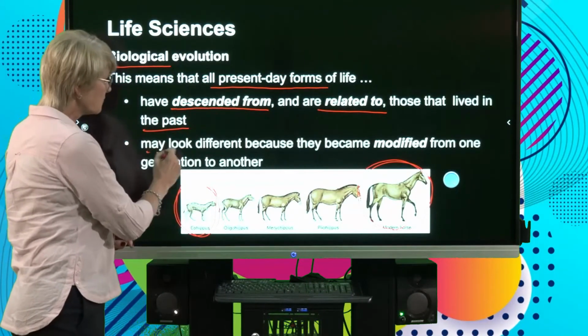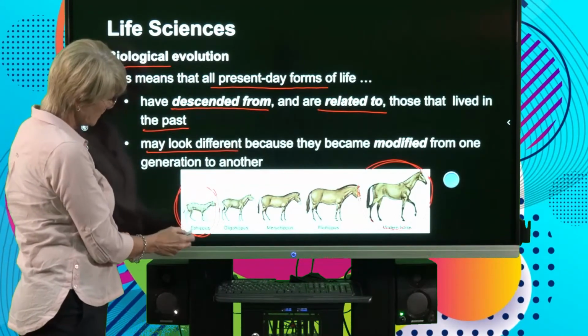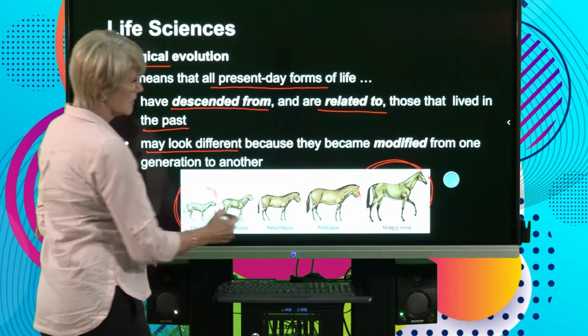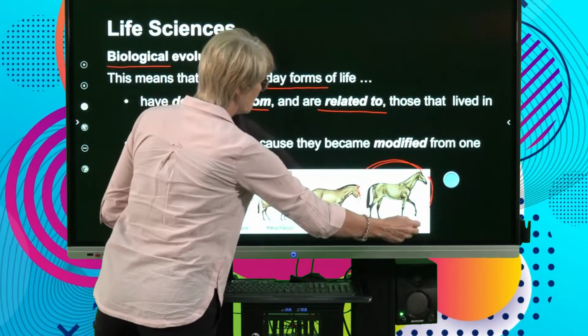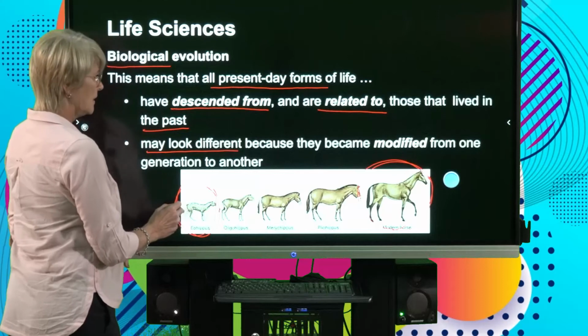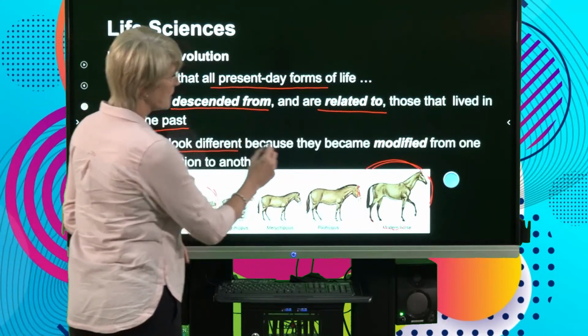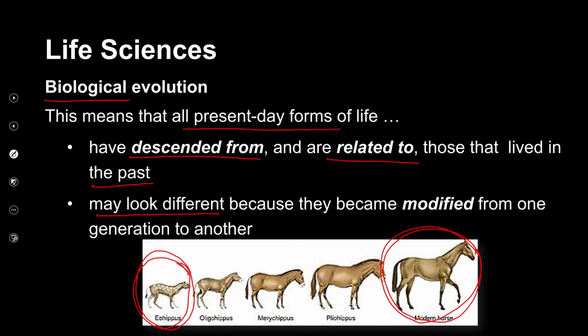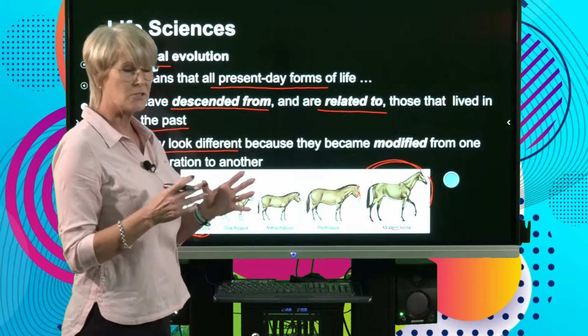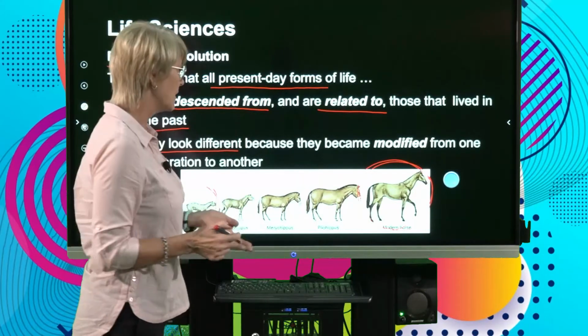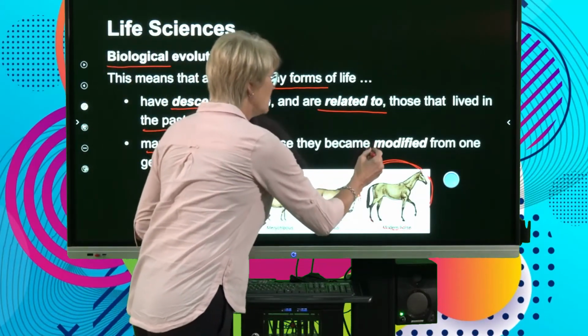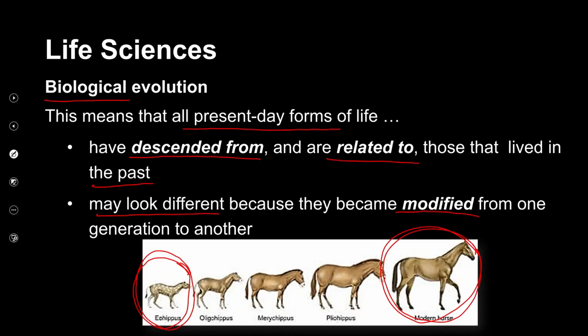They may look different, and we can see that here. If we look at the first horse and what we know today as the horse, we can see they look different. That is because they became modified, and that modification took place in the form of mutation. It was the genes that were modified. Because of that modification, they then look different from one generation to another.